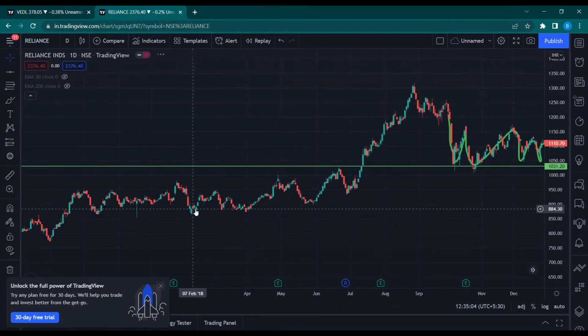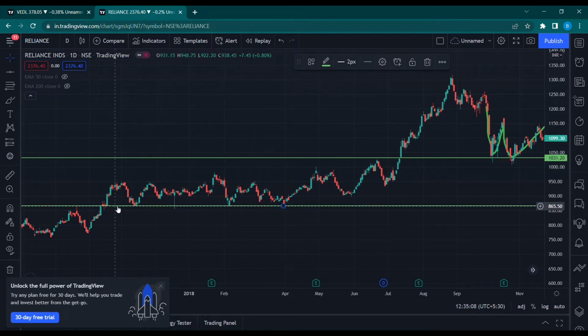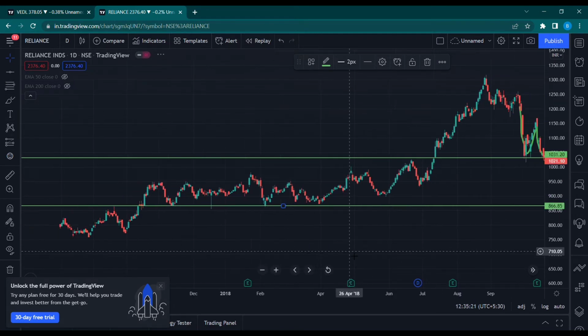Here is one more important support for Reliance, around 865. It has bounced once, twice, thrice, again a fourth time here, and it has gone up. So that is a support zone.